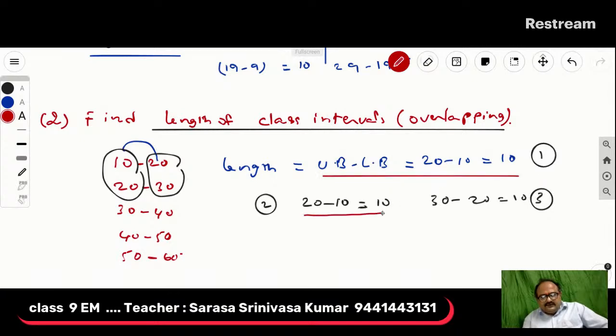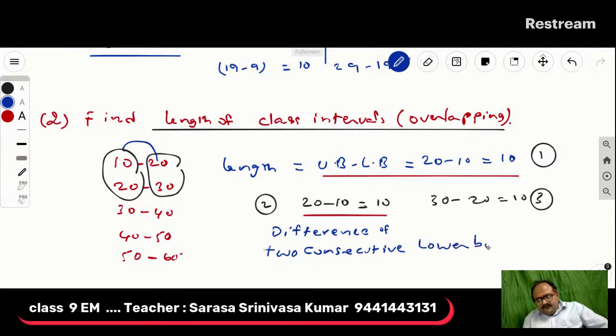The second calculation is the difference of two consecutive lower boundaries or upper boundaries.